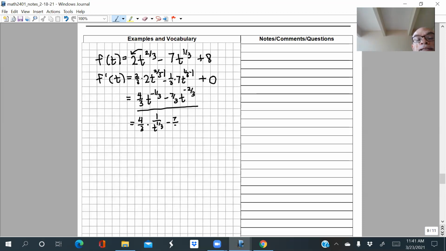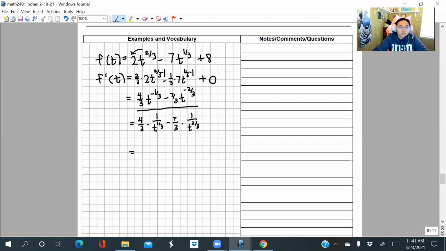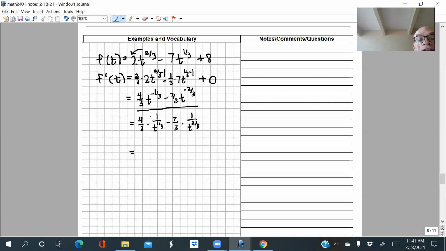And then minus 7/3 times, and t to the minus 2/3 power means 1 over t to the positive 2/3 power. So now let's multiply the 4/3 times the 1 over t to the 1/3 power. So that's 4 times 1, multiply the numerators, right, over 3t to the 1/3 power. And then minus the second term is 7 times 1, which is 7 over 3t to the 2/3 power.